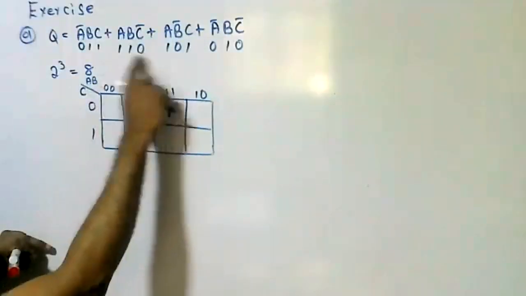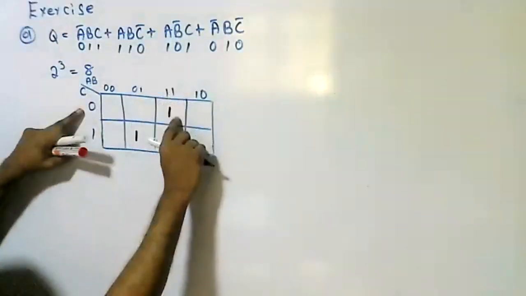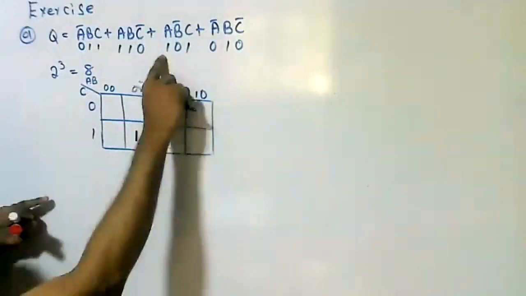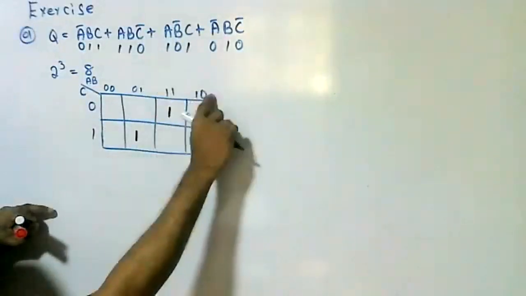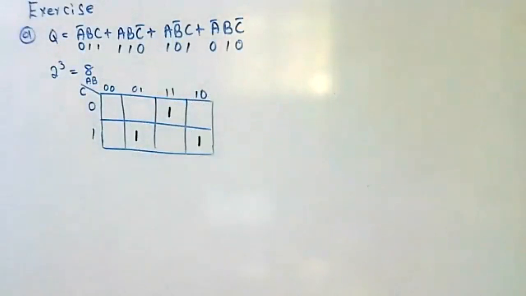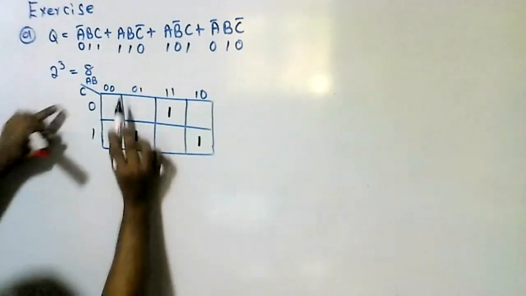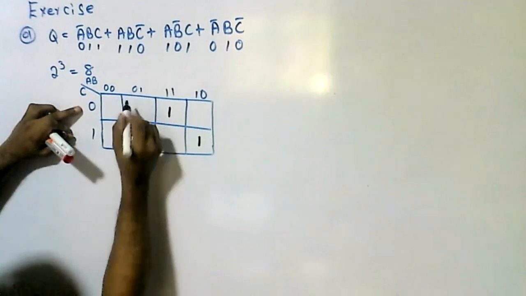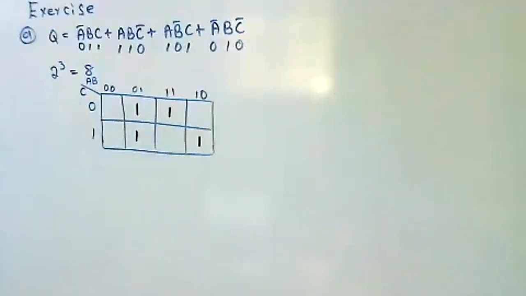So second one, 1, 1, 0, so 1 comes here. 1, 0, 1, 1 comes here. And 0, 1, 0, so 1 comes here.